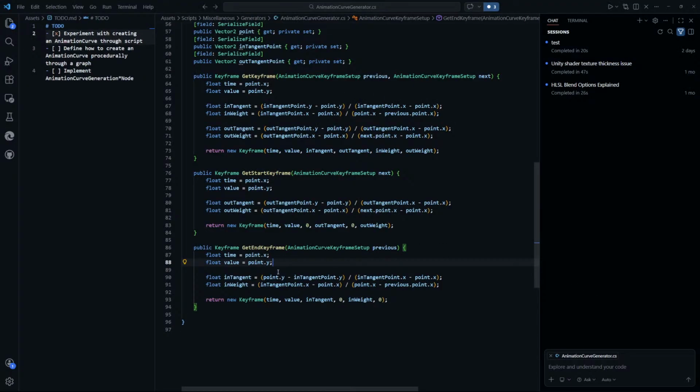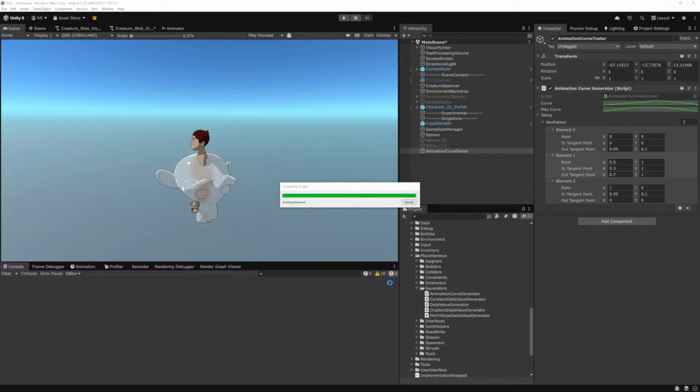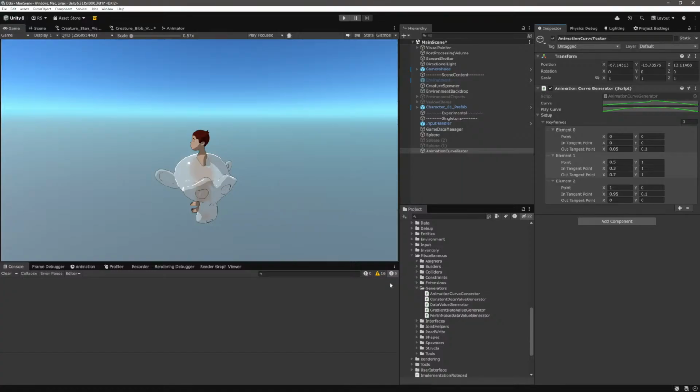Still not perfect. Let's see if we can brute force it, otherwise we're going to have to use our brains. Okay, that's not correct either.